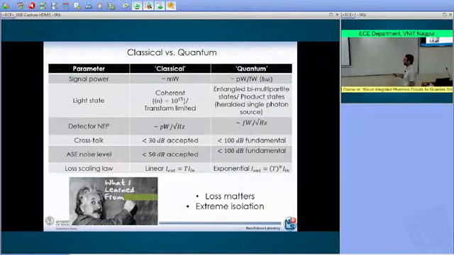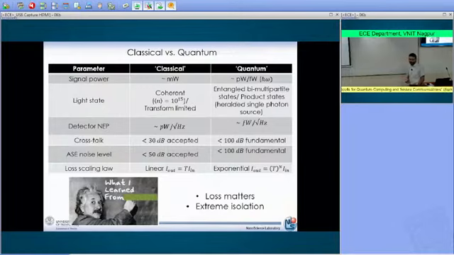In the quantum realm, the most important property of the light state is that we can get a single photon, meaning that we are dealing with product states, or we can get entangled photons, meaning that we are dealing with multipartite states. And so the intrinsic properties of the light state are significantly different moving from the classical to the quantum state.